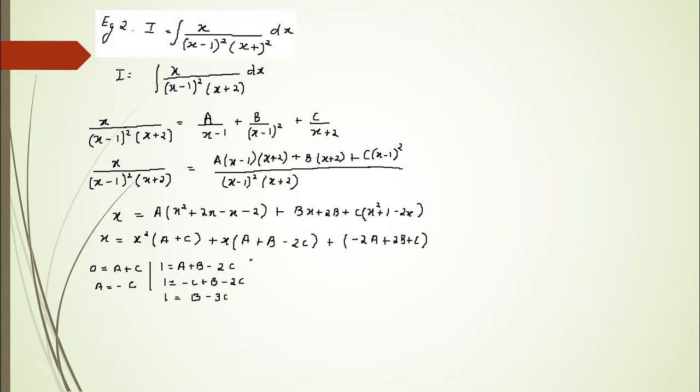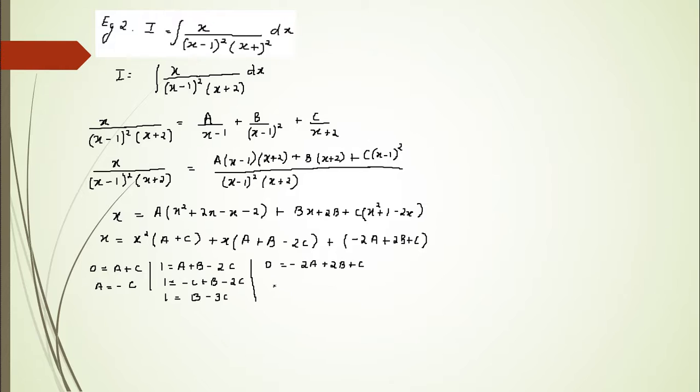Now comparing the constants on both sides, I'll get 0 is equal to minus 2a plus 2b plus c.